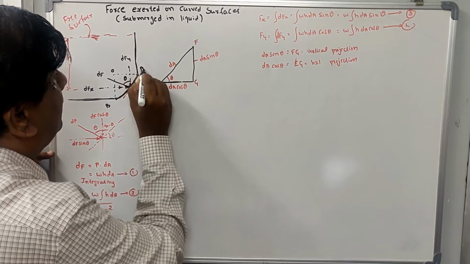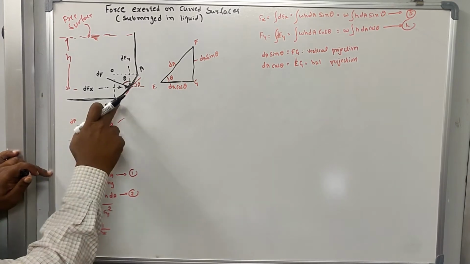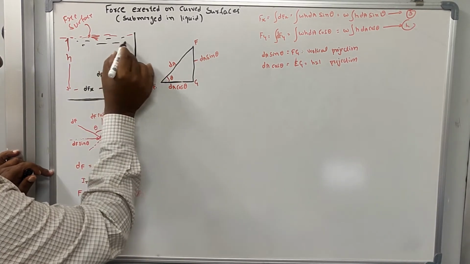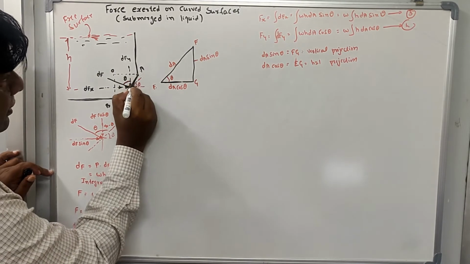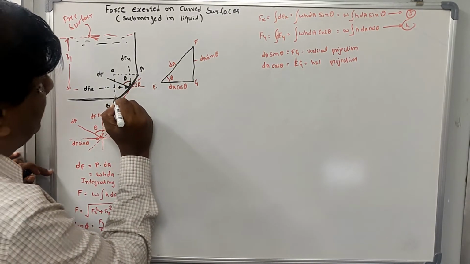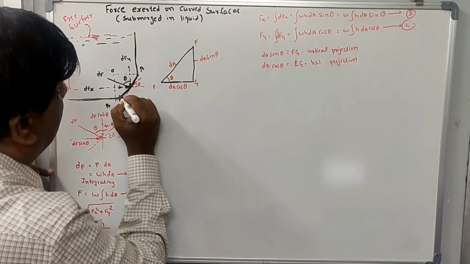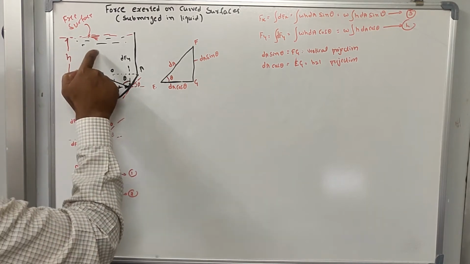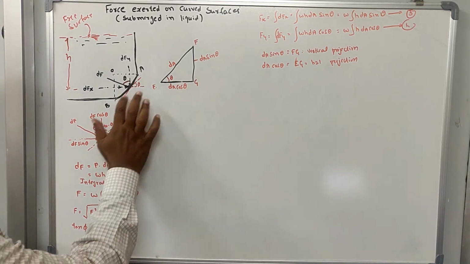Let AB be the curved surface, and this is the static mass of fluid which is stored in this container, and the end edges of this container have a curved shape. Now how to calculate force exerted by this static mass of fluid on this curved surface?